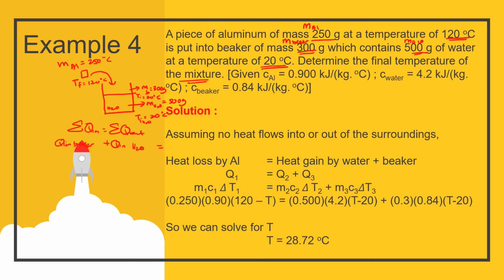Jadi dia yang akan ada heat loss. Bila dia bercampur dengan air yang suhu rendah, aluminium tu apa yang berlaku? Dia akan mengeluarkan heat. Sebab suhu dia tinggi, dia yang akan bagi heat dia kepada yang suhu rendah tadi tu. Okay. So, jadi kat sini akan ada Q aluminium. So kat sini adalah Q out. Sebab apa? Sebab dia loss. Okay. The aluminium, the loss the heat.